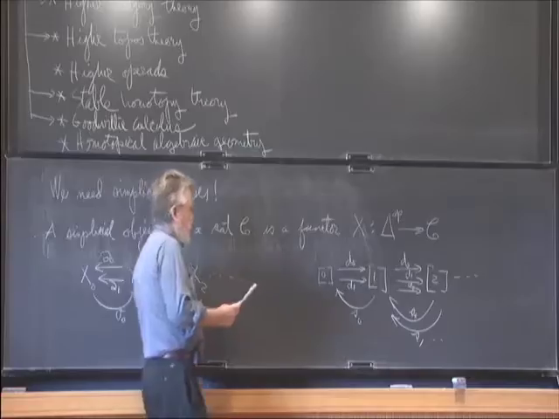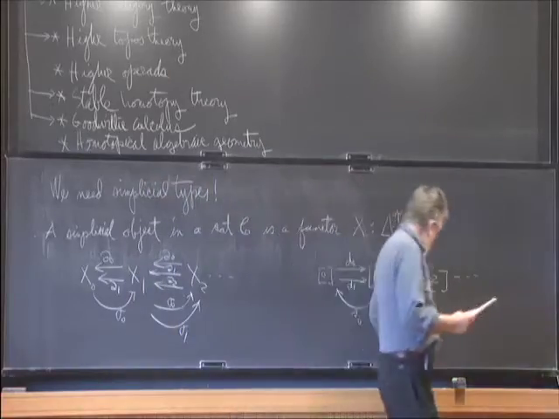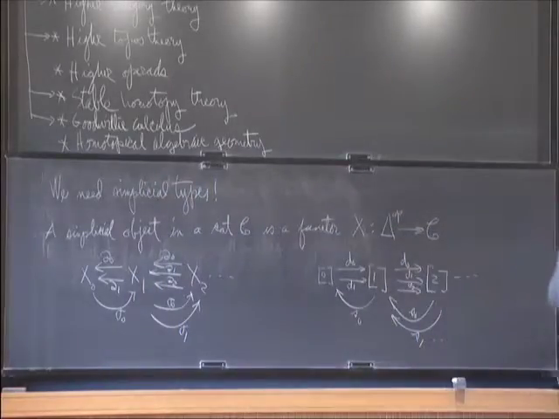Now, what is a category? If you take the nerve of a category, you get a simplicial object.